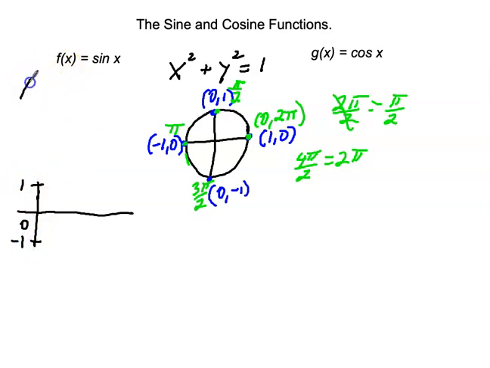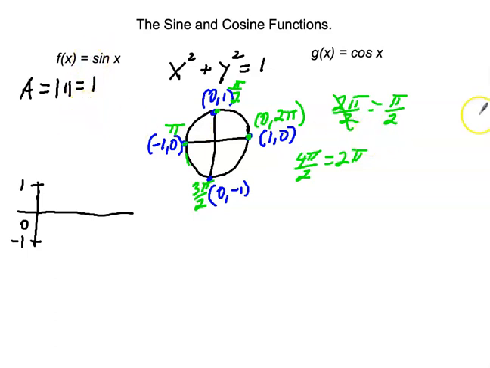Amplitude is basically the absolute value. So if the number in front of sine was, let's say, negative 3, then we would have an amplitude of absolute value of negative 3, which would be 3. In this case, the amplitude is the absolute value of 1, which equals 1, because the number here is an invisible 1.